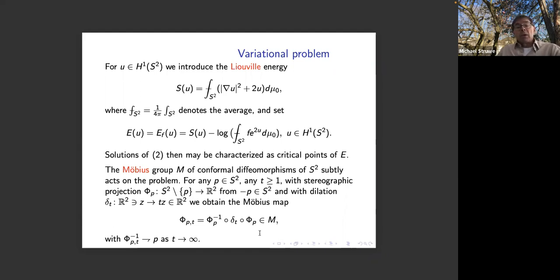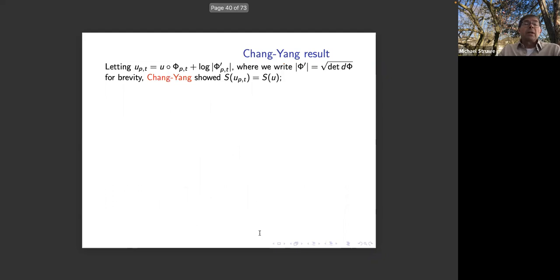All right, let's look at the effect of this conformal dilation. We change our comparison map as follows. For given u, we let u_{p,t} be this map u composed with phi_{p,t} plus log of the square root of the determinant of d phi.